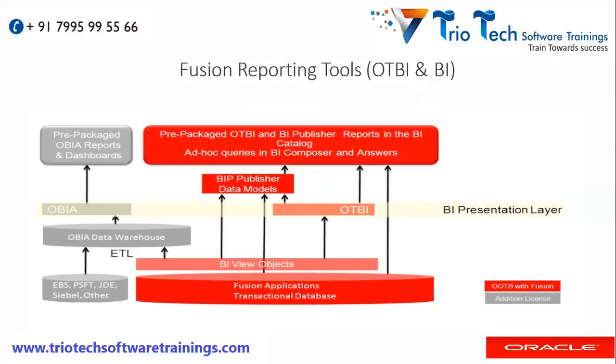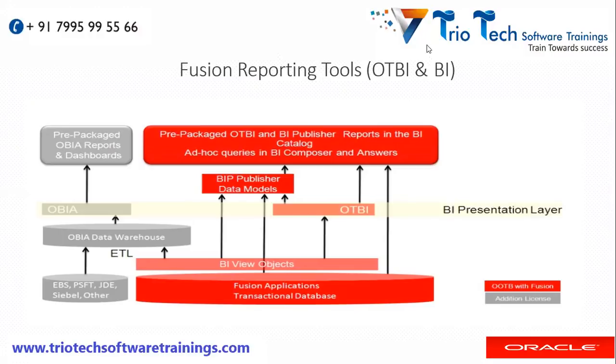The only difference between BI and OTBI is that OTBI is predefined and pre-served at a certain level, where a normal end user can also create their own reports based on their requirements and validations.